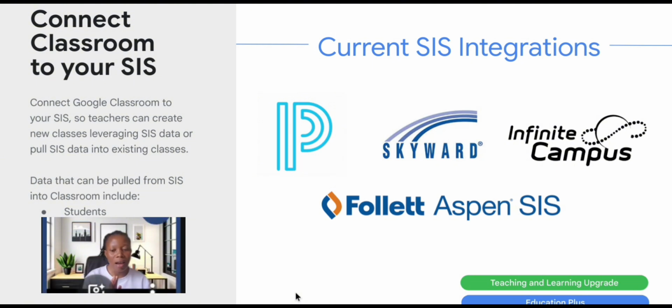Presently, Google supports these third-party apps for roster, classroom, and grade synchronization: PowerSchool, Skyward, Infinite Campus, and Follett. I don't think any school here in Nigeria is using these, but it is good we talked about it so that you know it is available. But now we are going to go into what is most beneficial and what we know every school has access to.